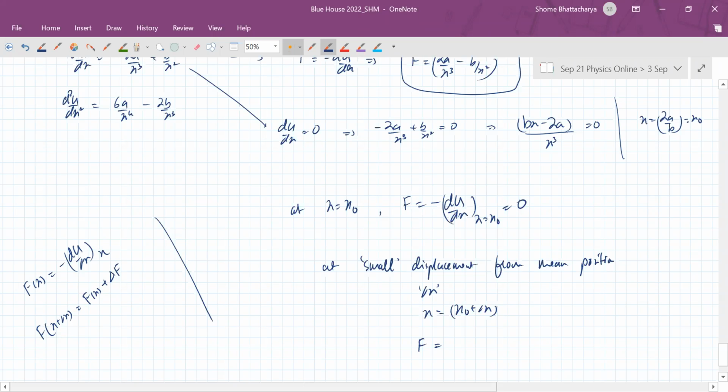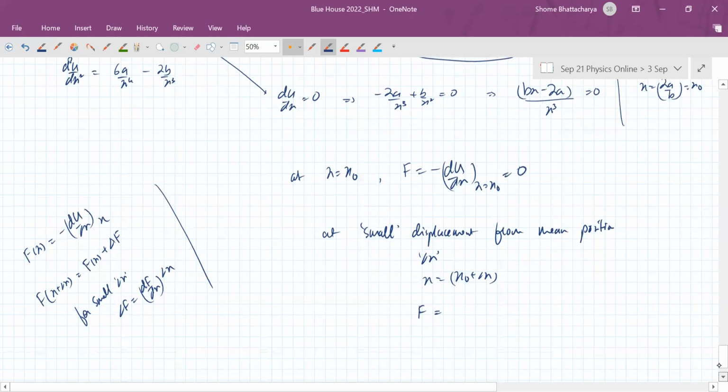Yes, sir. Now for small delta x, okay, the change in force can be written as dF by dx into delta x. Okay, hope this point is clear.